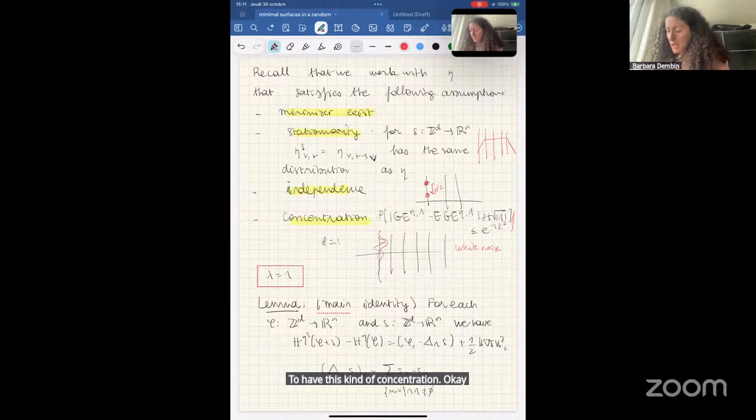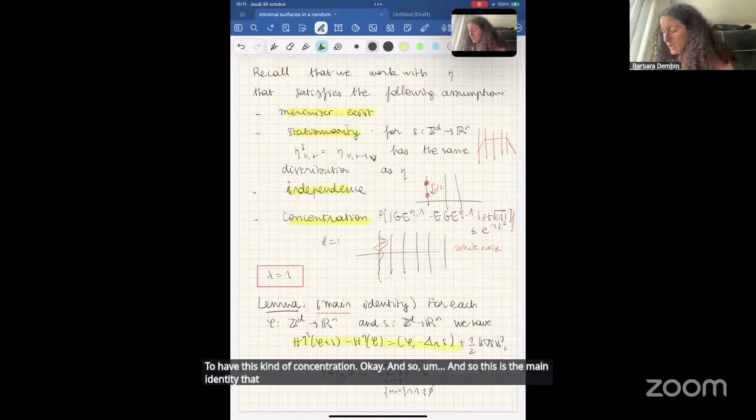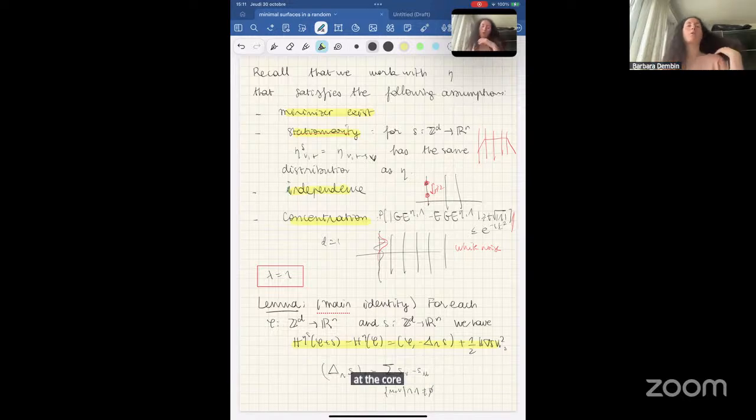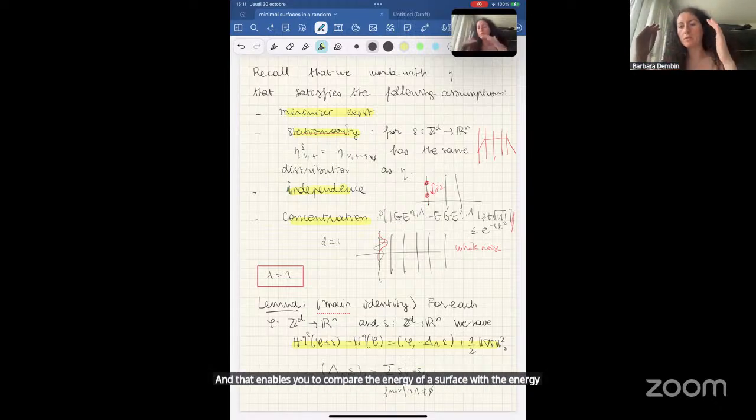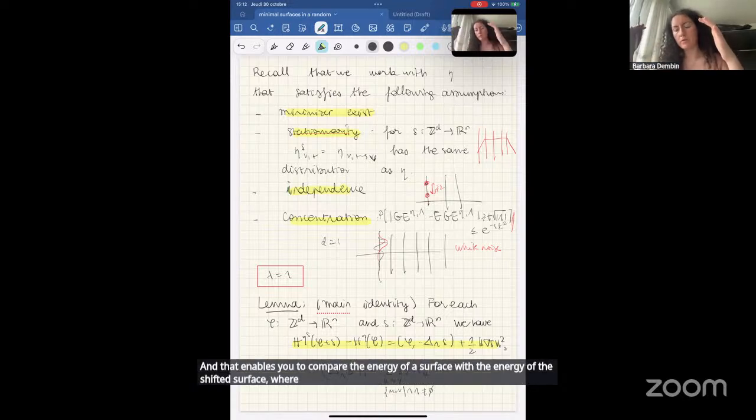Okay, and so this is the main identity that is really at the core of all our proofs. We are using it all the time, and it enables you to compare the energy of a surface with the energy of the shifted surface, where the environment is also shifted.